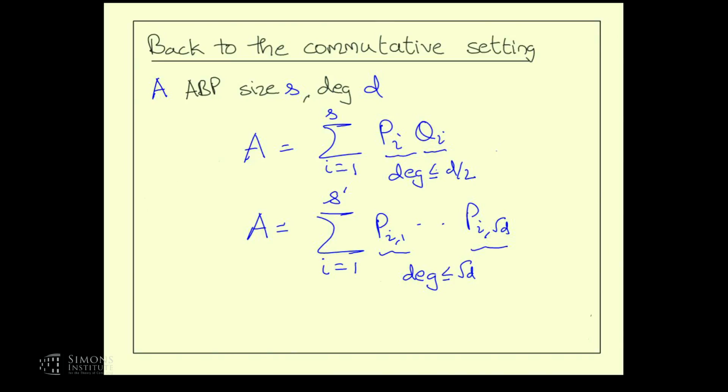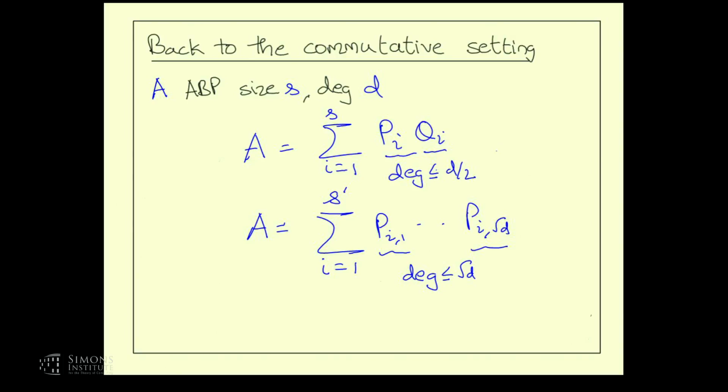You can do this in a way where the blow up is not too much. I don't want to get into what these numbers were from the last hour, but this S prime was not much larger than S. It was super polynomial, but it was not a trivial blow up.